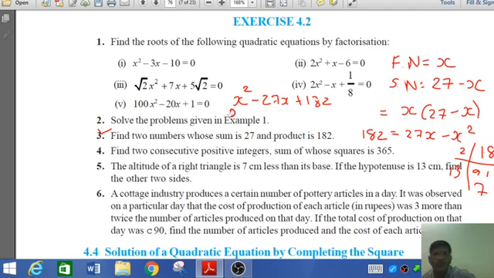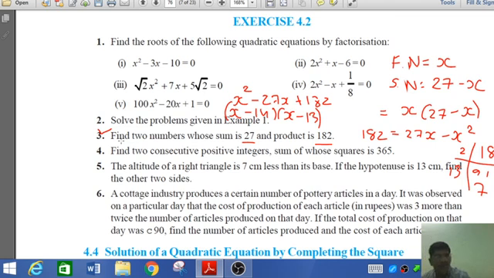So two factors are there, x minus 14 and x minus 13. These are the two numbers. If we sum, it is 27. If we take the product, it is 182. So this is the third sum related to equations, and it's a statement and we have to convert it into an equation.